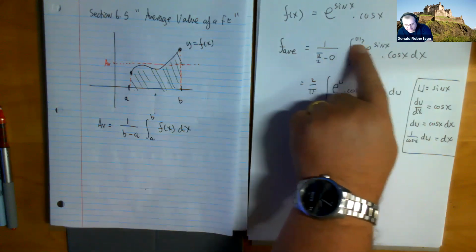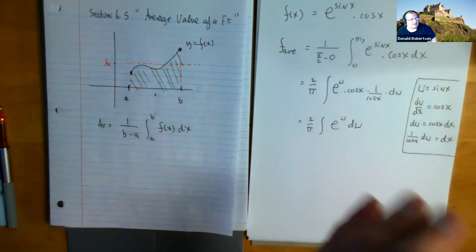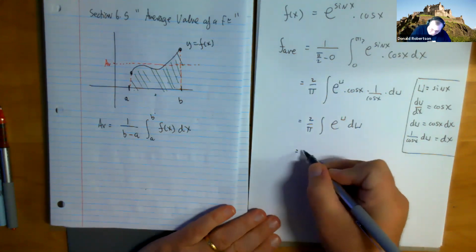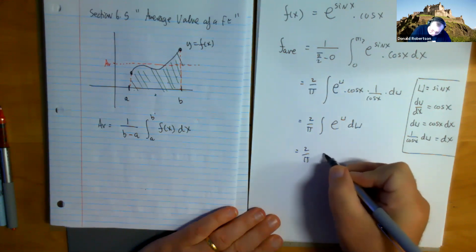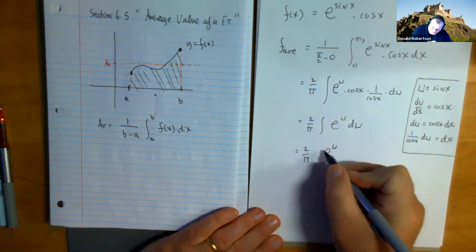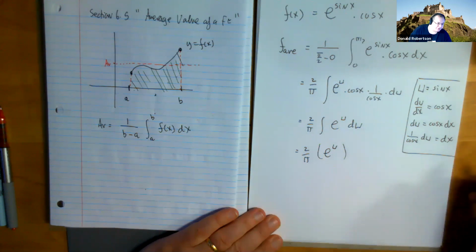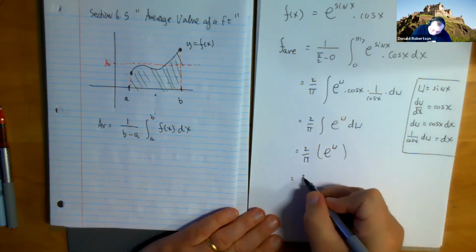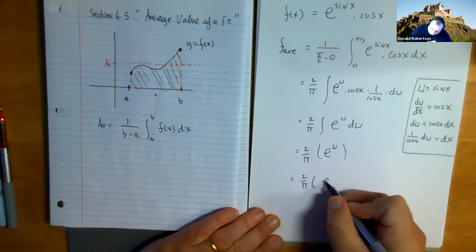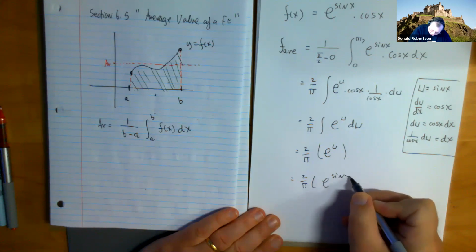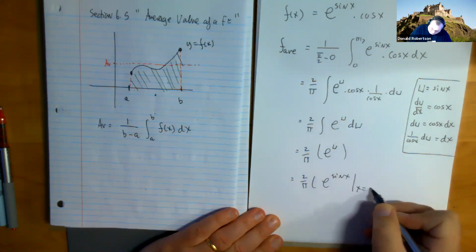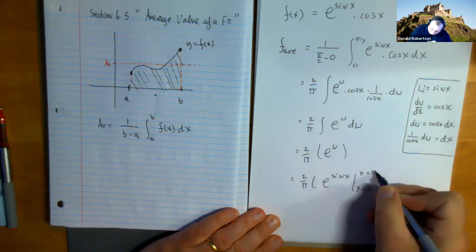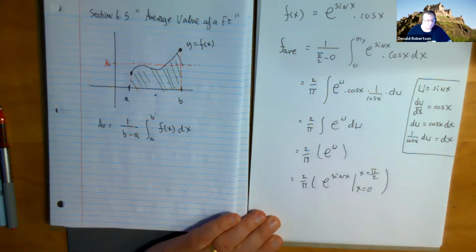Yuck, ugly, yeah. Elegant. Well, we're just going through the usual thing. Antiderivative. e to the u is still e to the u. Convert back to the original so that we can evaluate it at 0 and pi upon 2.